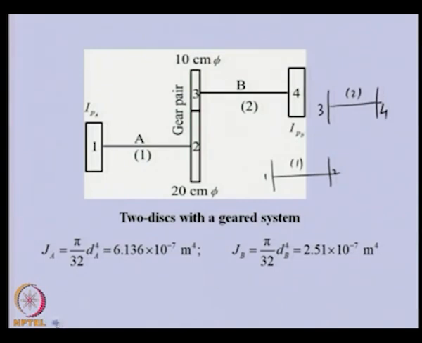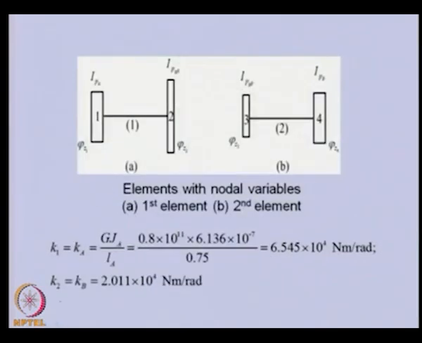Now, once we have divided into two elements, we can write the elemental equation for each of them, and then we can see how they can be combined. Some more properties, like the stiffness of shafts 1 and 2, we can calculate using these relations for the data given in the problem.